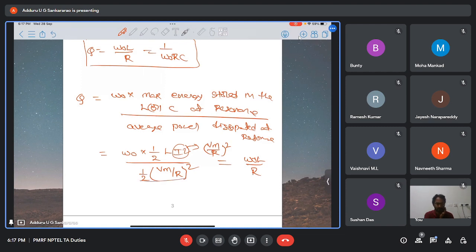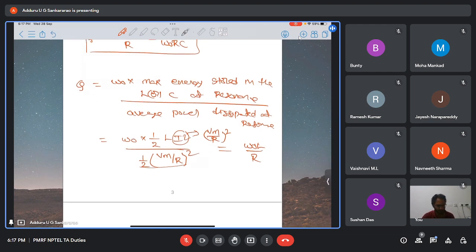Average power we know is Vrms square by R. So we will get omega naught L by R. If I write the same thing for the capacitor, we will get 1 by omega naught RC.